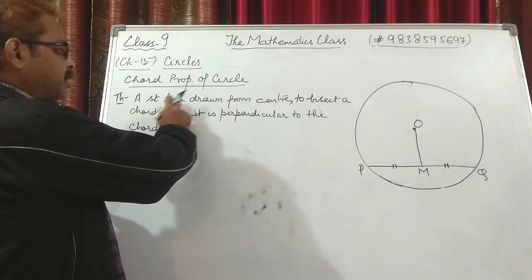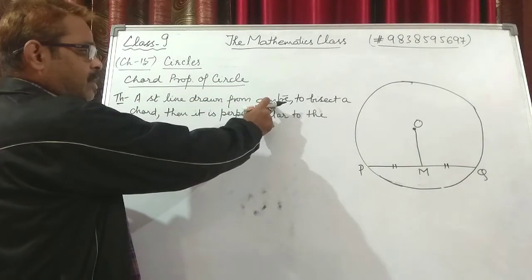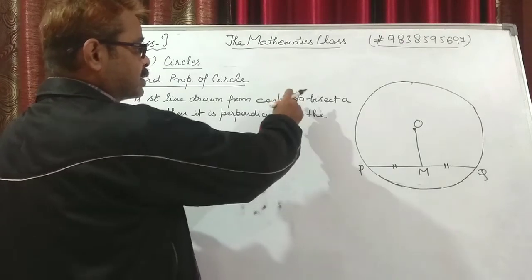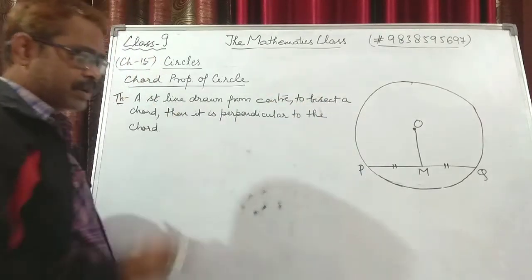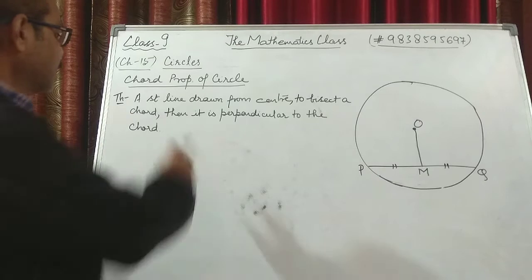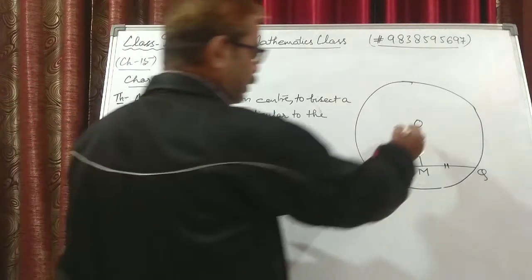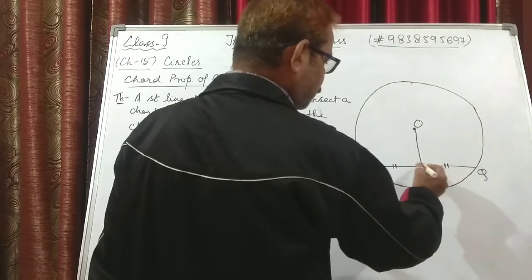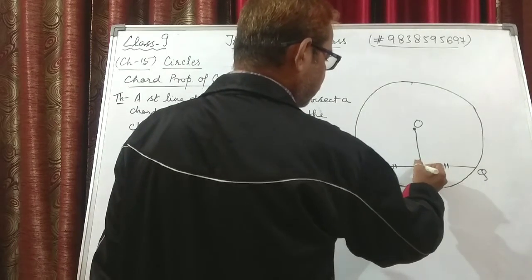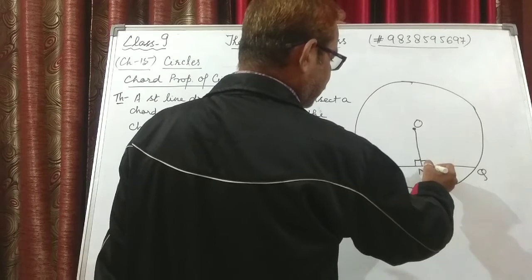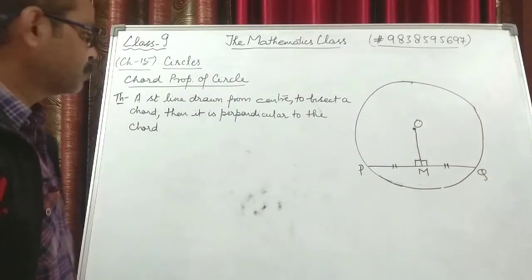Then it is perpendicular to the chord. You have to prove that this line is perpendicular to the chord, meaning this angle has to be 90 degrees.